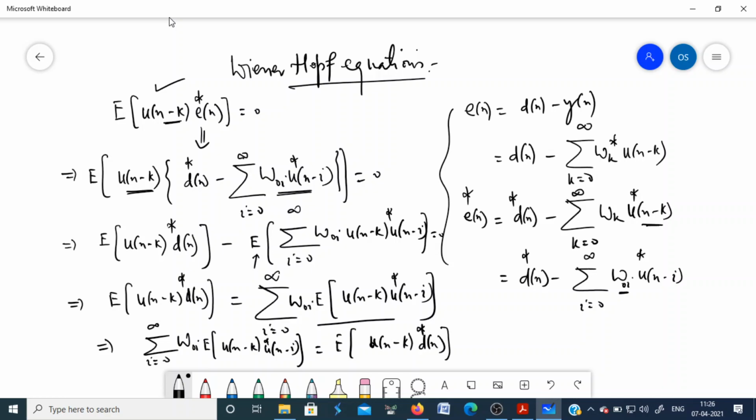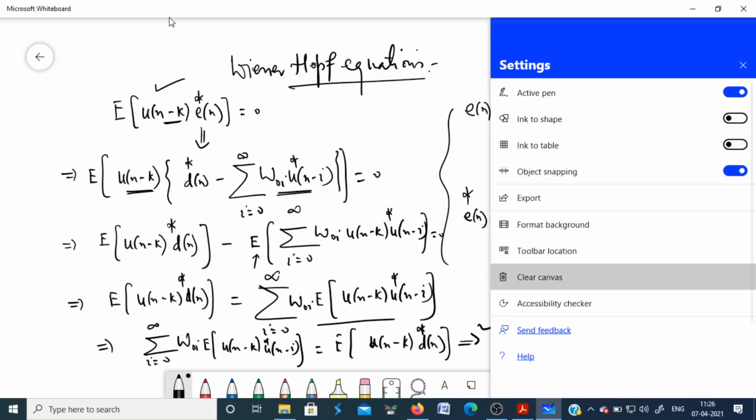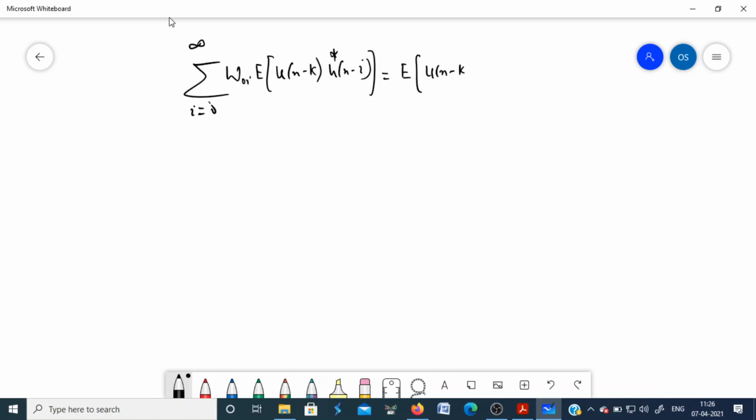Now if you interpret this equation, you have a set of equations: the summation over i from 0 to infinity of w_oi, times E of u(n minus k) into u*(n minus i), is equal to E of u(n minus k) into d*(n).